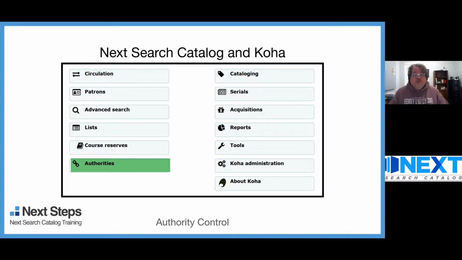And so you don't have some books that have the subject of cookery and some of them that have cooking and some of them say meals. You want the subjects to all match when the subjects are the same or similar. And authority control is something we will be adding to Koha for Next Search Catalog by the end of 2022.